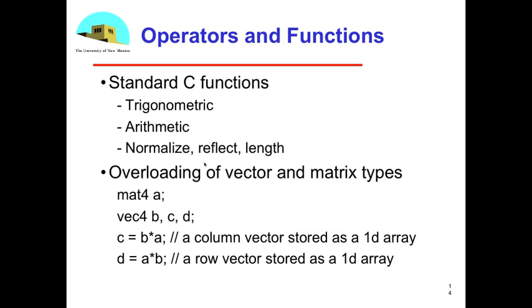So there's a length function that'll give you the length of a vector. There's a reflect function that'll take two vectors, one will be the normal to a surface, the other will be an incoming vector, and it'll give you the reflection direction. We'll talk about that later when we talk about lighting. If you want to normalize things, to have unit length, normalization functions are in there. So there's a whole bunch of helpful functions in there.